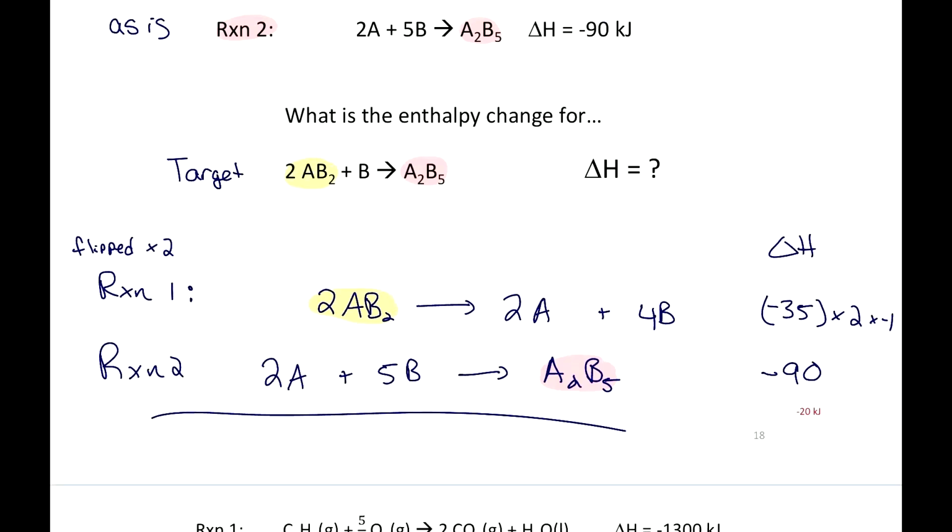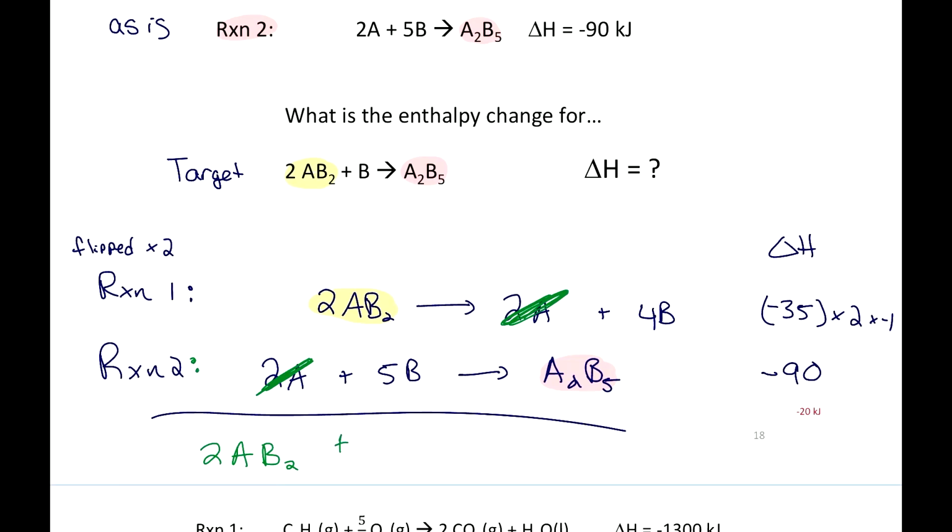So we see after we add these 2 reactions up, we get 2 ABs. That's exactly what we wanted, okay? But do the 2A show up at the end? They do not, because look, there's 2A here and 2A on the product side. So see how those cancel? All right, so I don't have to rewrite those 2A's at the end.